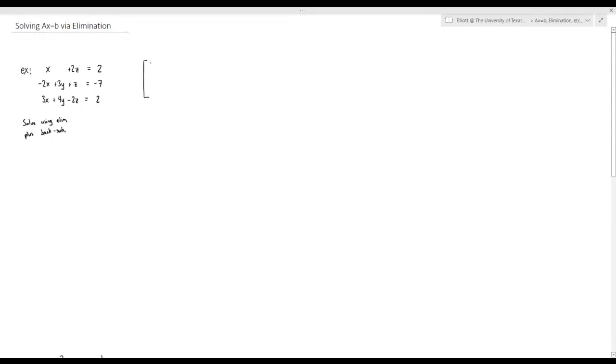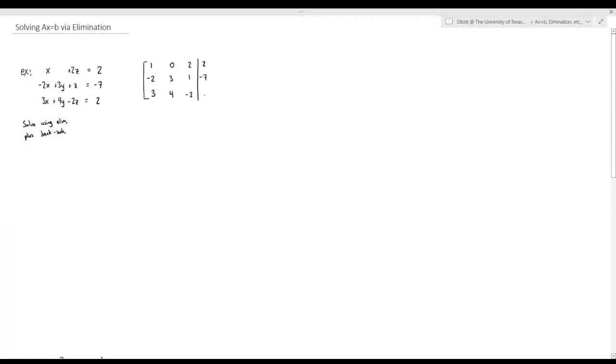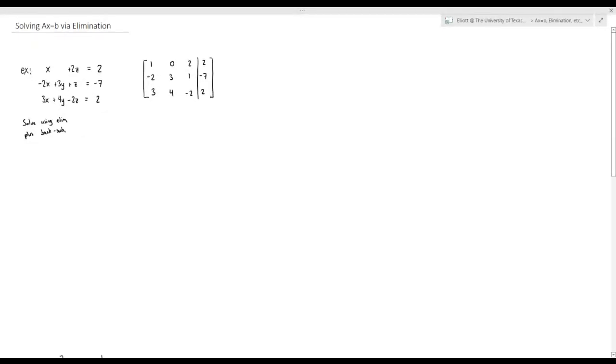You guys will be doing this pretty much for the rest of the semester in this class. So even if you don't nail down the process of elimination, doing row operations, for this first exam, you'll still need to know it for the whole semester.